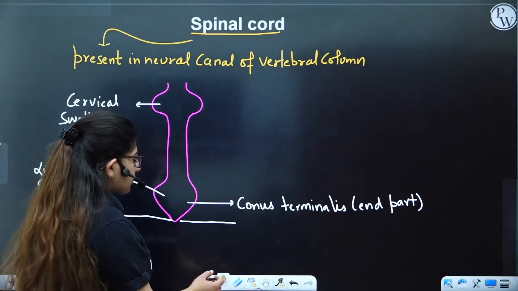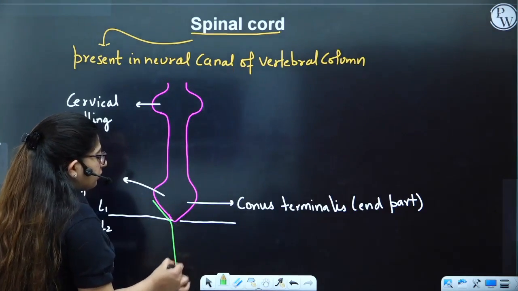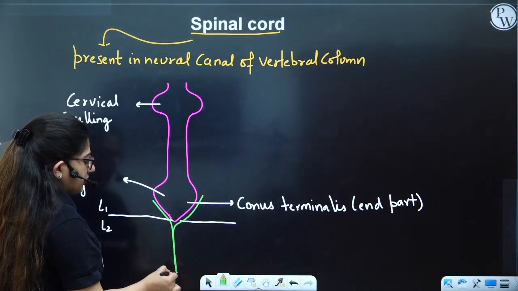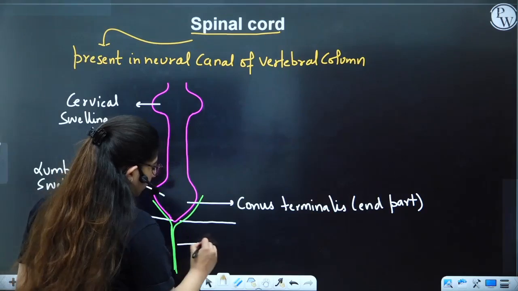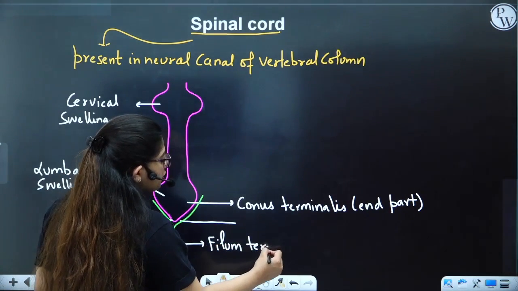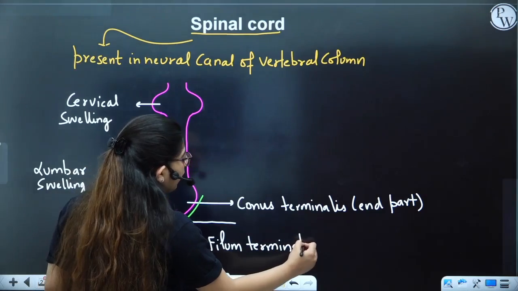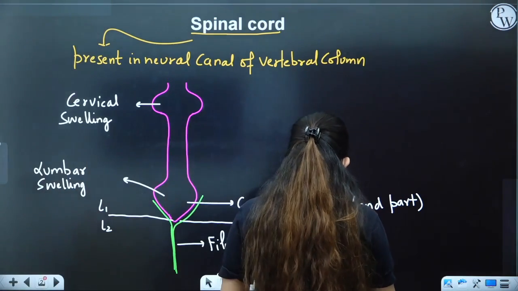So the innermost covering, that is pia mater, extends down like this, and this portion of spinal cord is known as filum terminale. So if someone asks you what is the end part of spinal cord, you will say conus terminalis, not filum terminale. Why? Because filum terminale is just the extension of pia mater.